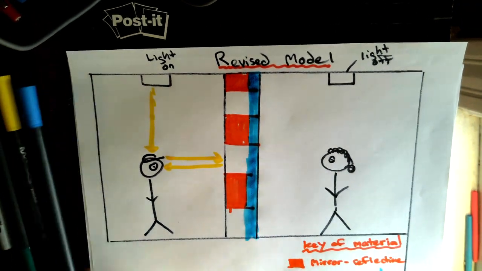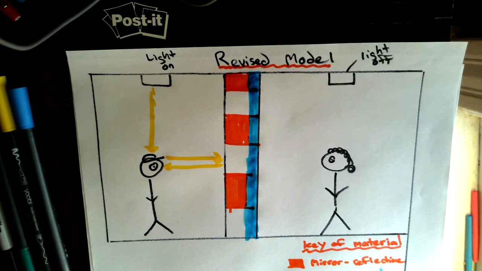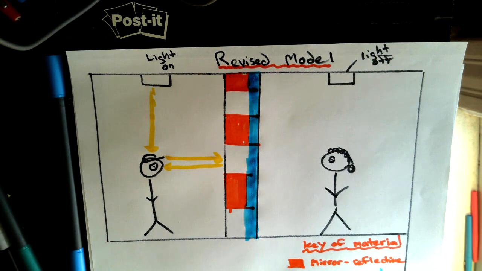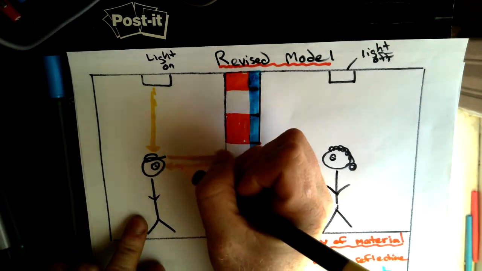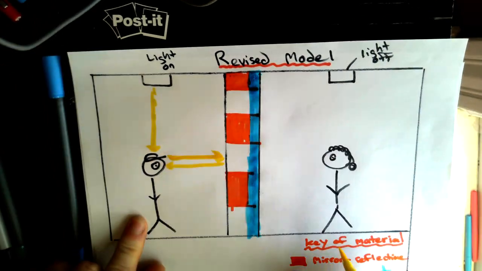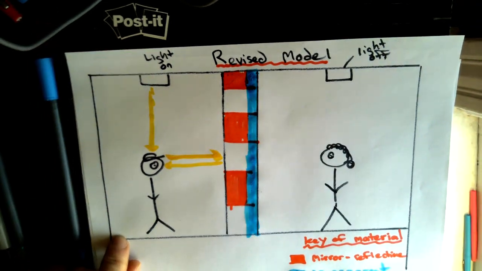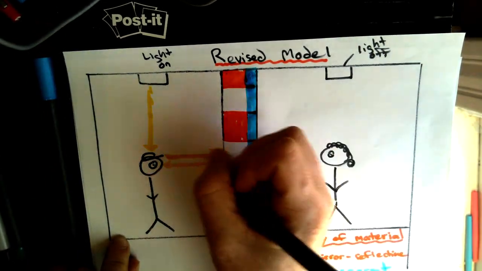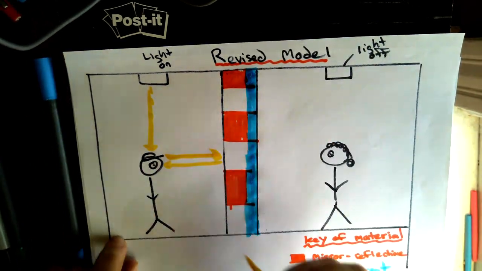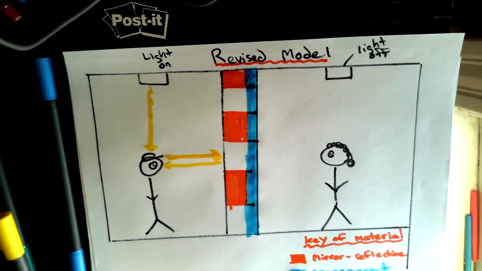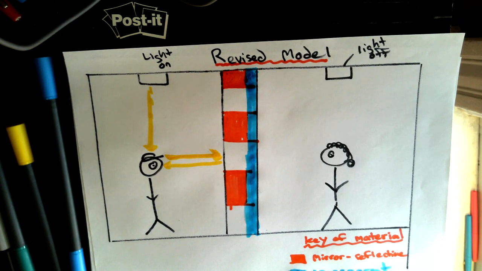We also learned through an investigation that in fact, when this light right here hits the one-way material, about half of it goes through and half bounces off. So half of it transmits through, half of it bounces off. At this point, then, because we know that some light is becoming less, we might want to represent that in our model.